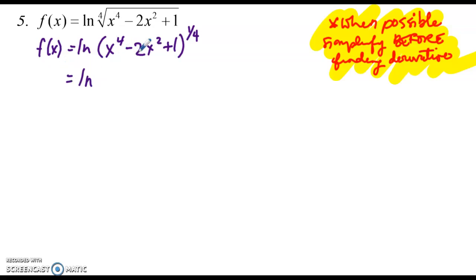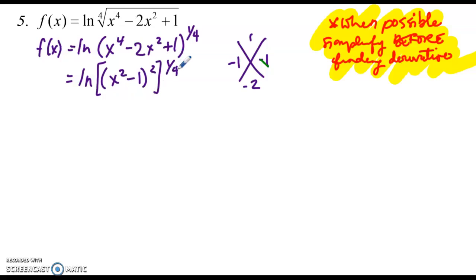Let's see here. If you want to write it down, what multiplies to 1 and adds to negative 2, negative 1, and negative 1. So that would be x squared minus 1 squared, and that's still all inside this power of a quarter. Okay, we know the rule of logarithms, so I could multiply this through, I guess. That would work, yes.